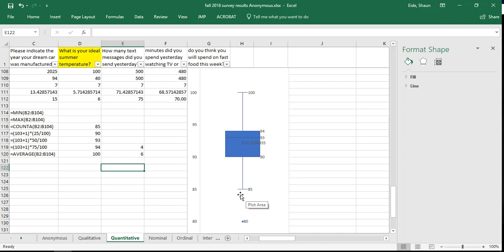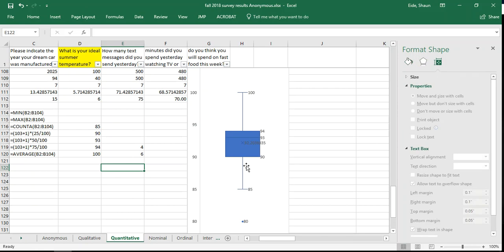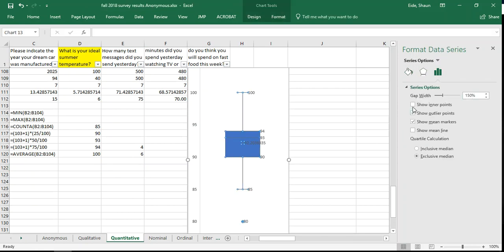So nobody put that they expected to get an 84, and I'll show you that. Show inner points, you'll see nobody said that they expected to get an 84. There were some people that said 85, some people that said 87, and really nobody said 81, 82, 83, 84 at all.